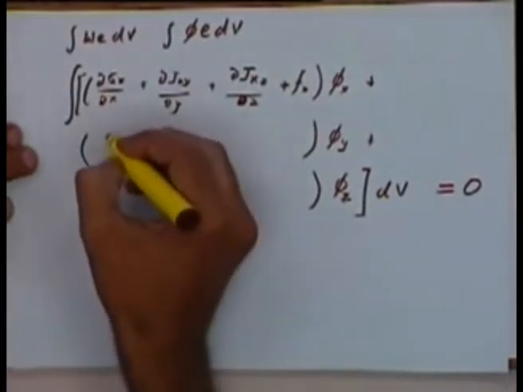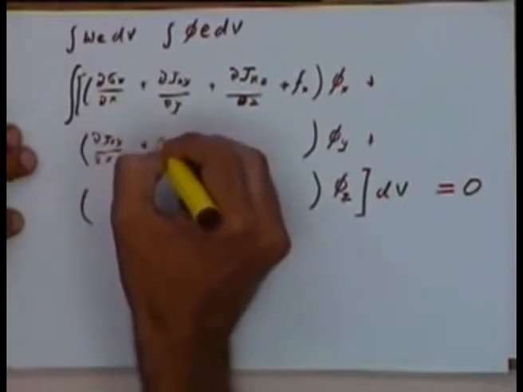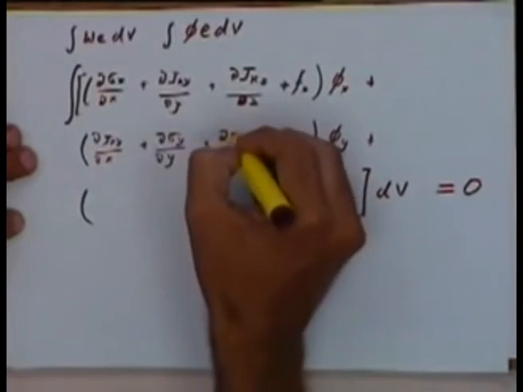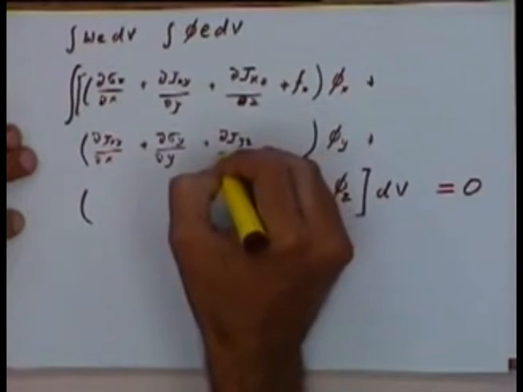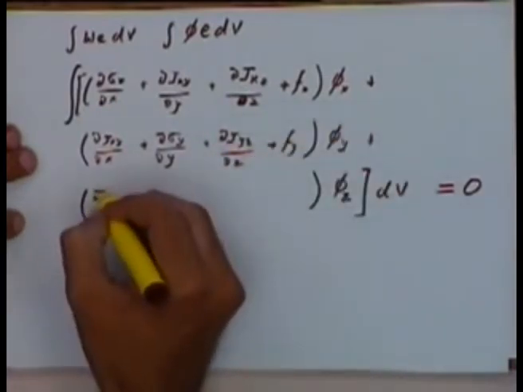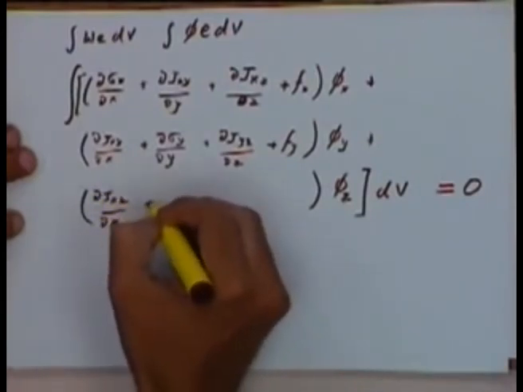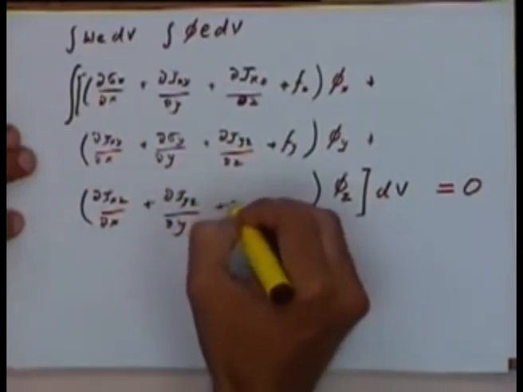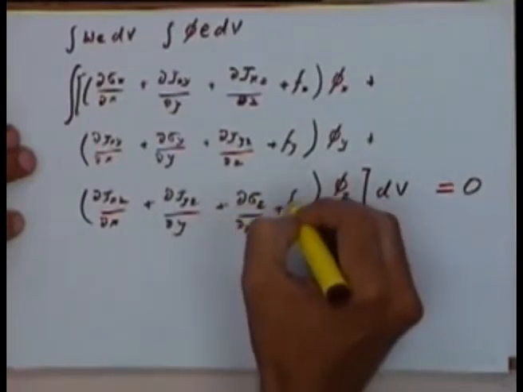The second term would look like del tau xy by del x plus del sigma y by del y plus del tau yz by del z plus fy, and this would be del tau xz by del x plus del tau yz by del y plus del sigma z by del z plus fz.